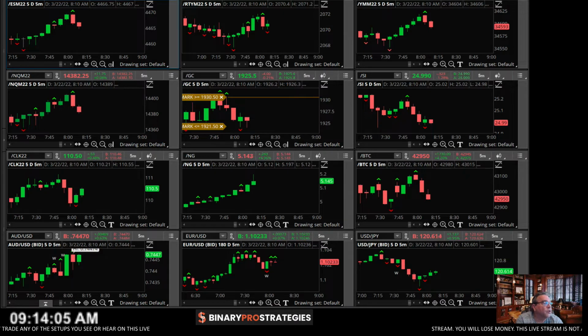We're short the gold with a target of 1921.5. Reversal is 1930.5.